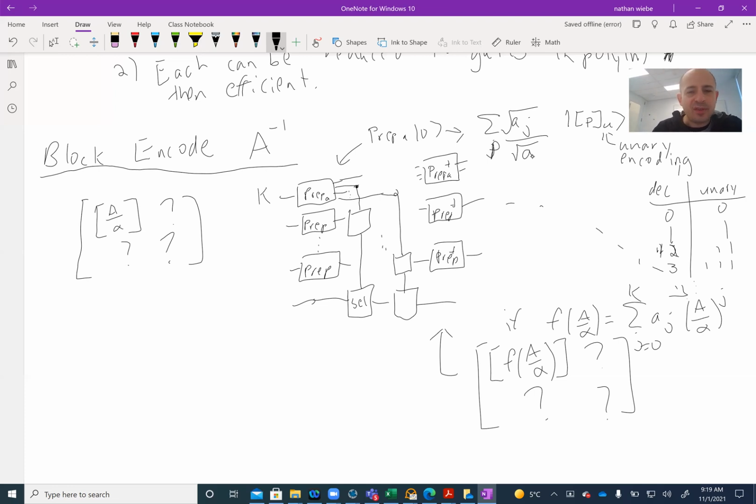Okay, so this is the way that we can block encode an arbitrary polynomial of A over alpha.